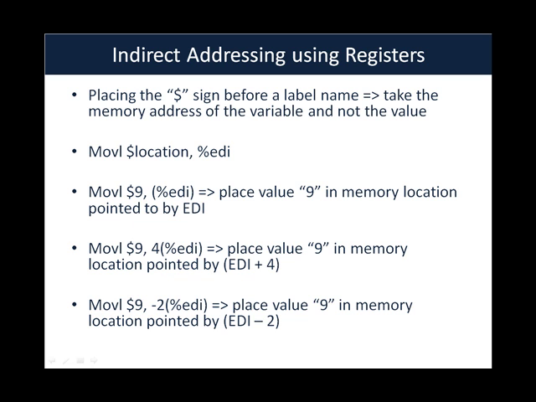So if you wanted to place the value 9 in the memory location pointed to by EDI plus 4 bytes, you would write 4, bracket open, and inside the EDI register. Similarly, if you want to place the value 9 in memory pointed to by EDI minus 2 bytes, then you would prefix it with -2.